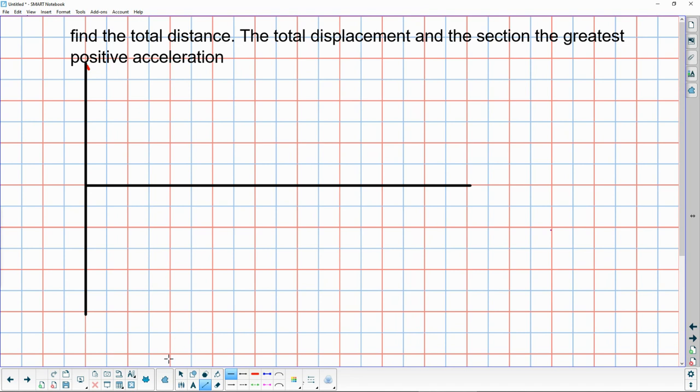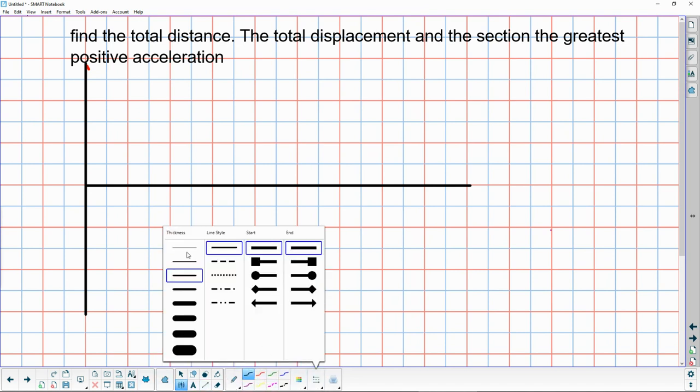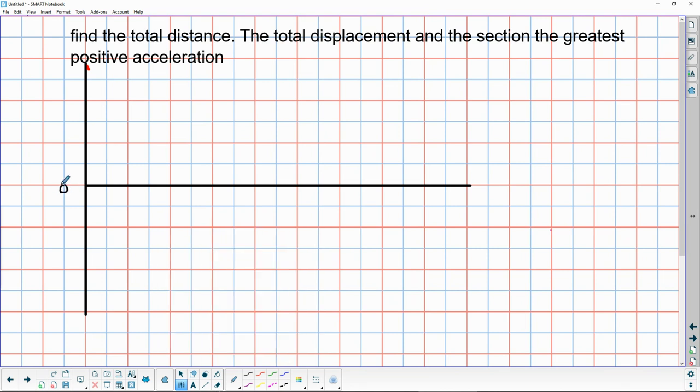We'll go out there. Okay, so this will be 0. And we'll count 2, 4, 6, 8, 10, 12, 14. We'll go up to 16, and this will be time.